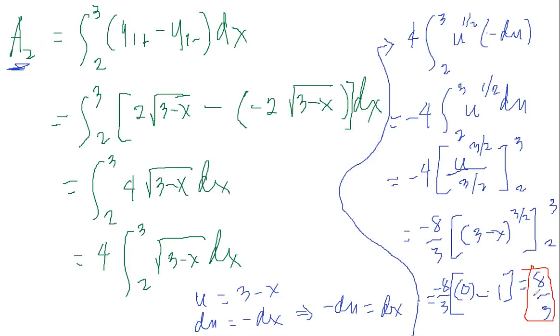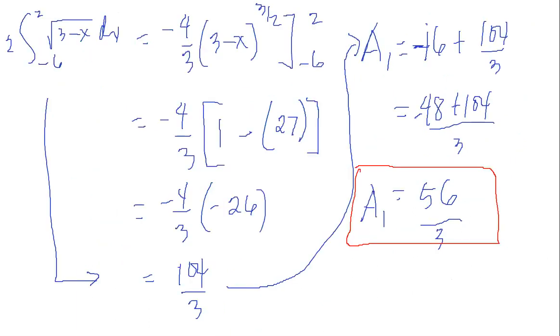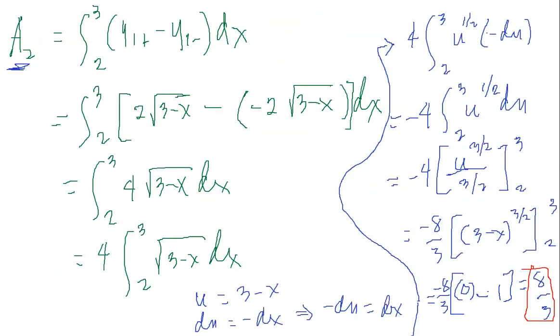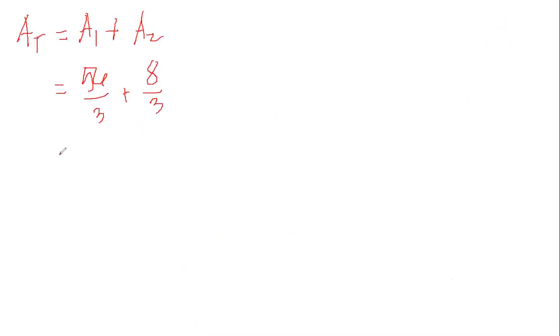Let's double check that. 8 thirds and a sub 1 is 56 over 3. That's correct. Okay, and so let's add. So this is equal to 64 over 3, our total area, in square units.